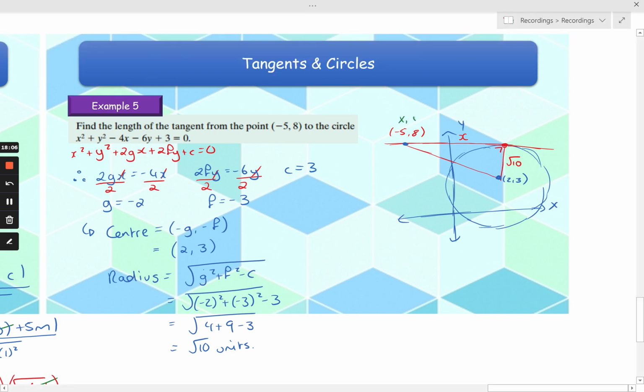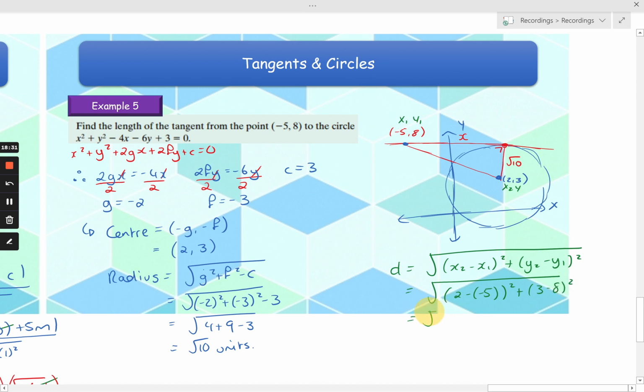So I'm going to label this x1, y1 and x2, y2. And I'm going to use that my distance is equal to the square root of x2 minus x1 squared plus y2 minus y1 squared. Which means when I sub these in, I'm going to get 2 minus minus 5 squared plus 3 minus 8 squared, which gives me 7 squared plus minus 5 squared.